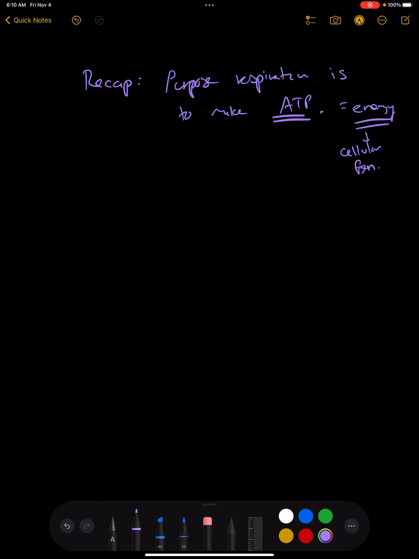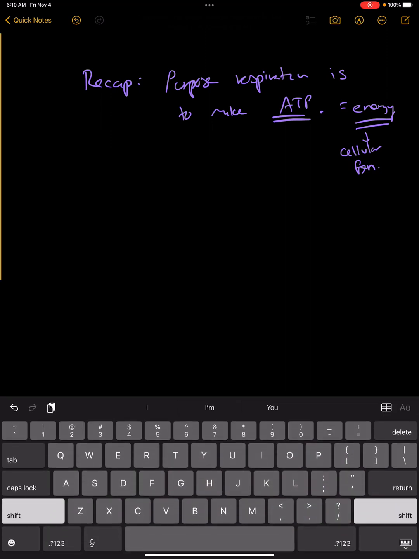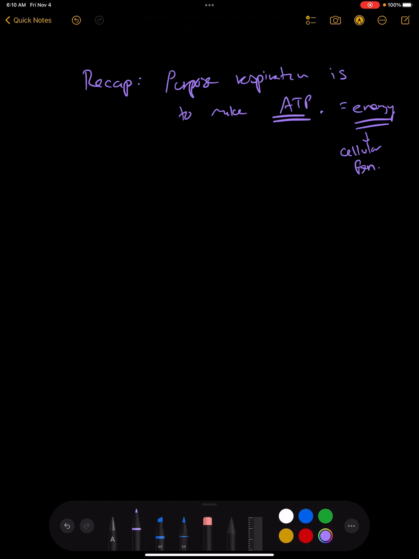So when we talked about respiration last time, we talked about aerobic respiration. Remember, aerobic respiration is with oxygen. And oxygen was super duper important. Remember, he was greedy, so he's a really good electron acceptor. He was able to take those electrons from the NAD and the FAD, so that I can turn ATP synthase and make ATP.